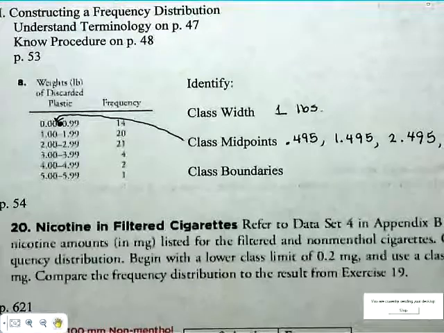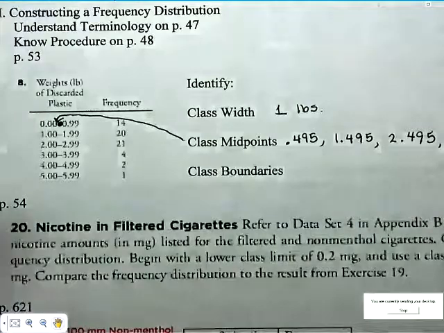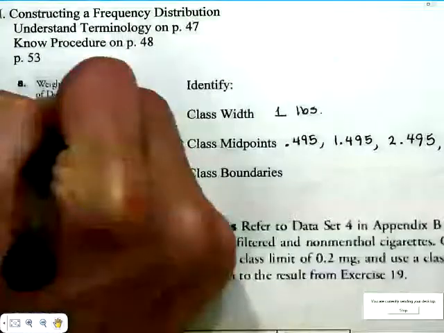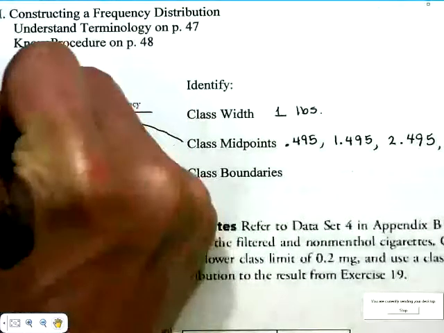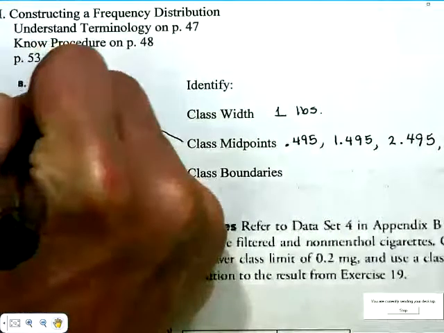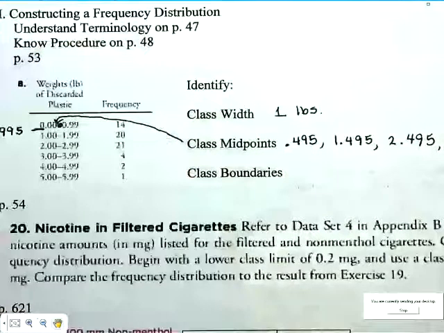You can think of this as 99 cents and $1. What would be halfway between 99 cents and $1? 99.5 cents, written as a decimal would be 0.995. So that's one of the boundaries right here. 0.995 separates those first two classes.